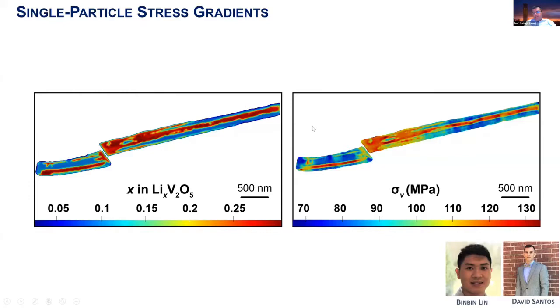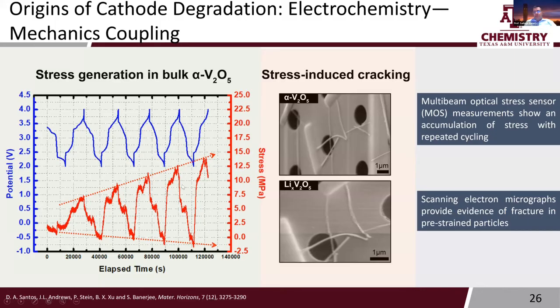And I'll show you. This is single particle imaging of stress in one particle. Well, this is the whole cell measured using this MOS technique, multi-beam optical sensor, with my colleague Matt Farr's group. And you can see a big accumulation of stress for V2O5 particles. This is a single particle.